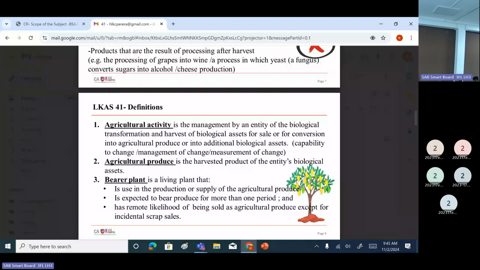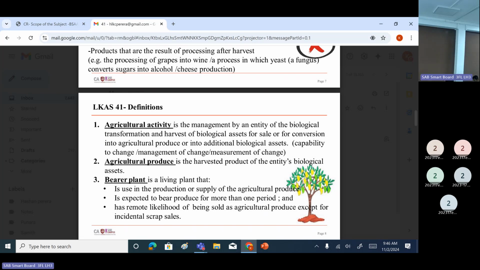Agricultural activity, as I said, is basically the management controlling the whole biological asset lifespan and the regeneration process. The kind of a growing process. It's a kind of management process conducted by the company.